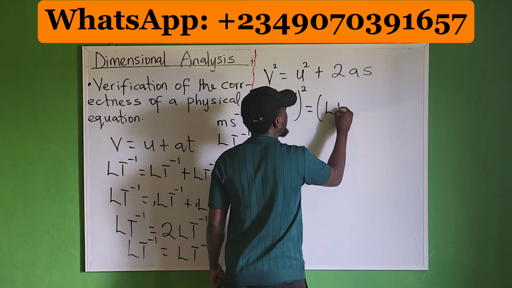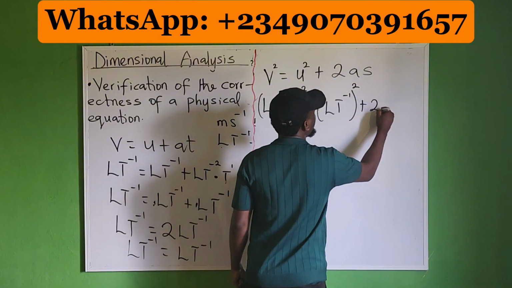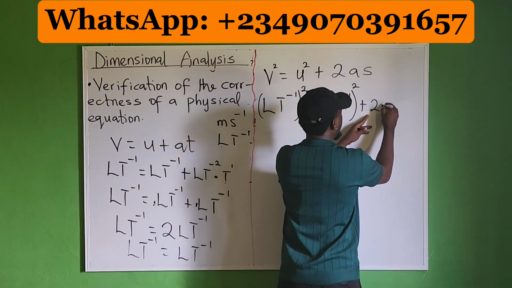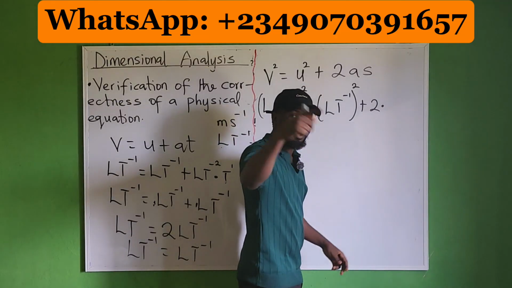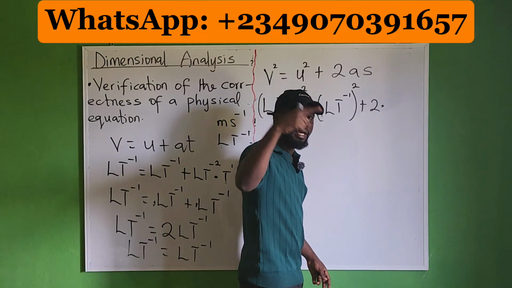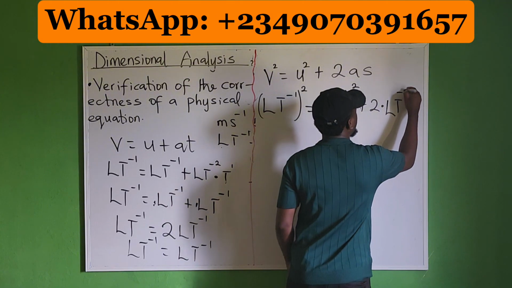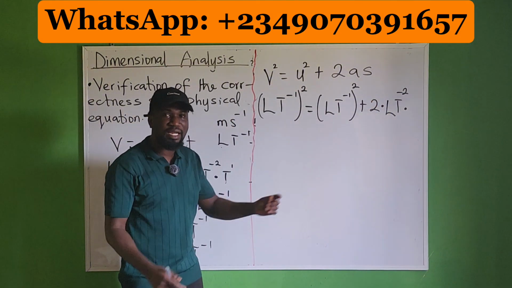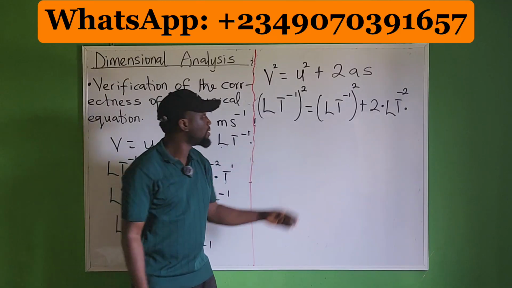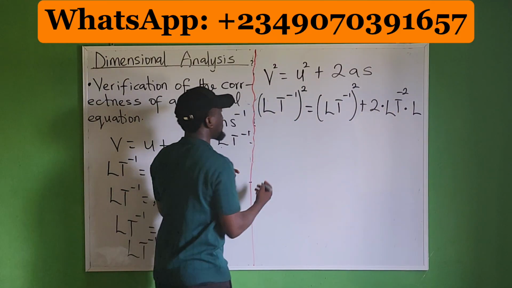That's LT^-1, all squared, plus 2 multiplied by acceleration, which is meter per second squared. So the dimension is LT^-2, multiplied by S, which is distance. Distance is a form of length. So the dimension is L.